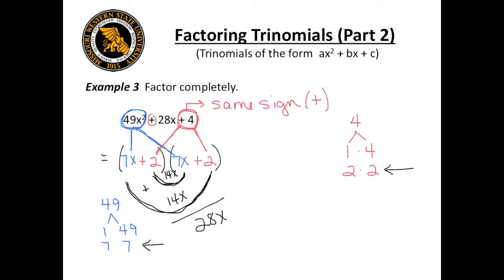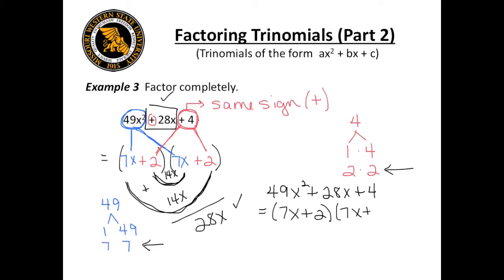And notice we do get a sum of 28x, which is what we needed. So 49x squared plus 28x plus 4 can be written in factored form as 7x plus 2 times 7x plus 2, or more compactly as 7x plus 2 squared.